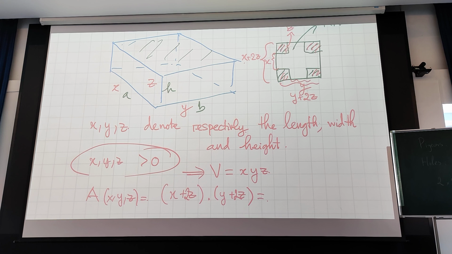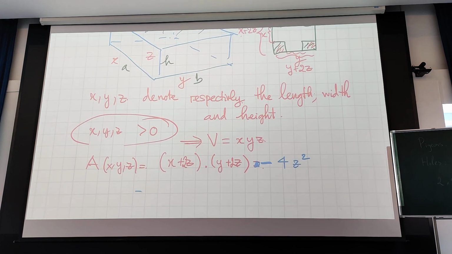We cut out the four corners to make the box, so we need to subtract the area of the four corners, which is given for the square, because they are square. So it is a geometric problem, right? So let's see what the function of the constraint is.